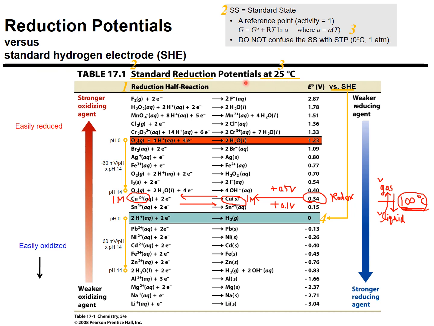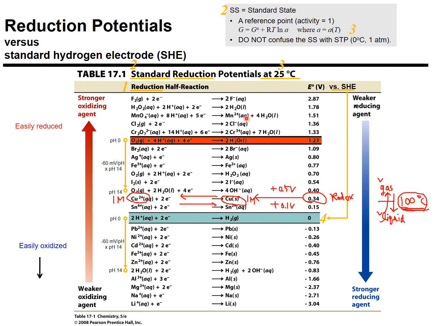There are two specific conditions of the reduction potential listed in this table. The first one is standard. Standard indicates a specific concentration of copper 2 plus and copper. The other thing is the temperature. The temperature is at 25 Celsius degree.